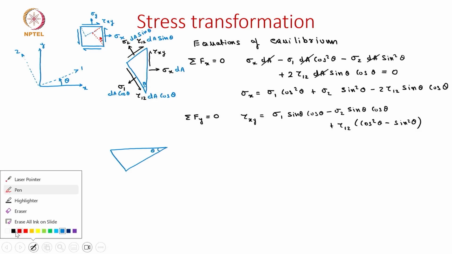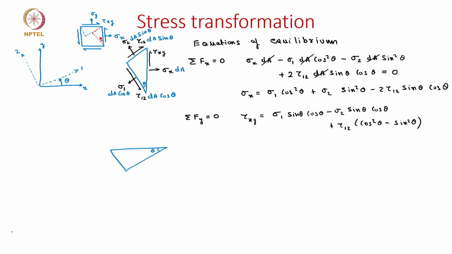Then what are the stresses acting on this wedge? On the vertical face or the horizontal face, we have this sigma y and the shear stress tau xy. And what about these inclined faces? Here we have sigma 1 and the other inclined face we have the sigma 2 and then the corresponding shear stresses, which is tau 12.